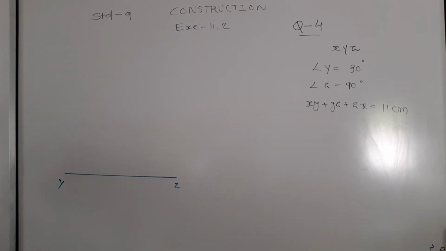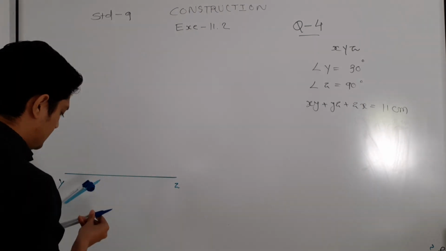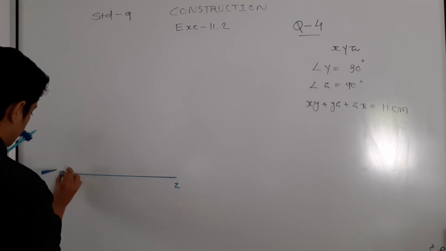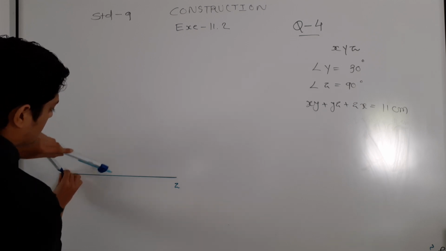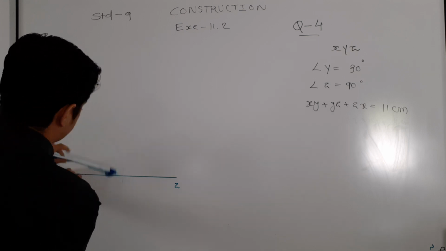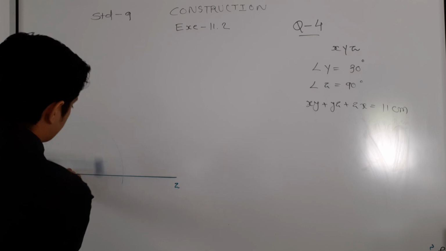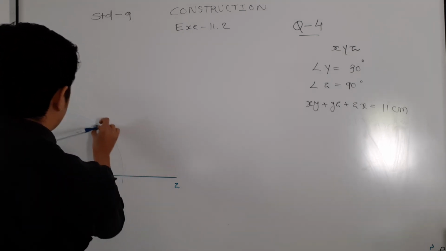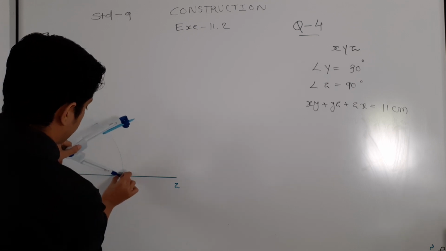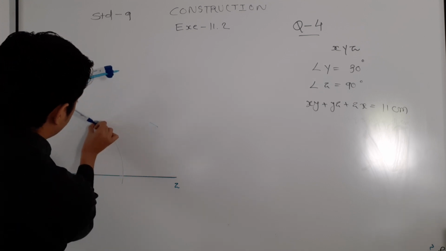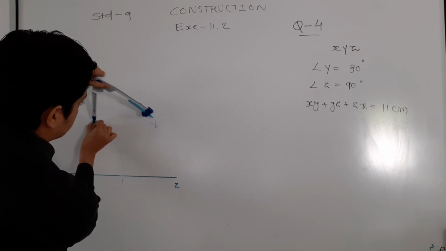First I will draw 30 degree, which is very easy. Now with the pointer on the other end, take more than half radius and draw a semicircle. This is 60. Its bisector is 30, so the bisector we will get almost here.